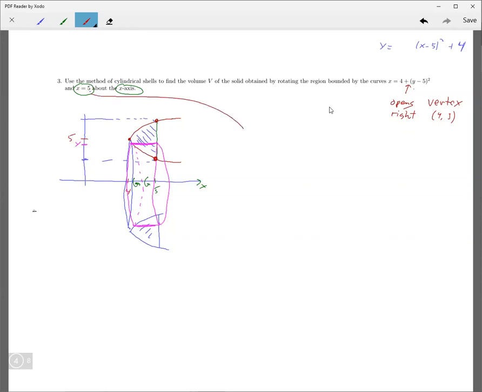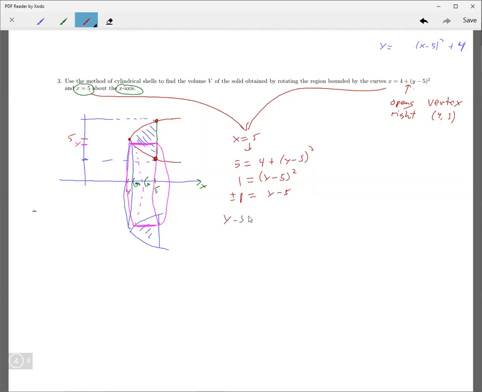And basically, you're going to set x equal to 5 here. So you have 5 equals 4 plus y minus 5 squared. Subtract 4 from both sides, and you get 1. So that means y minus 5 equals plus or minus 1 when you extract square roots.